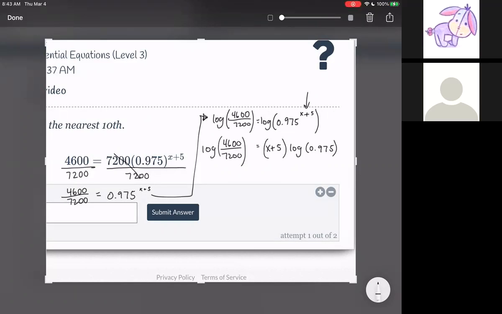So now that we did that, let's get our exponent by itself by dividing by log of 0.975. Those cancel out. We get x plus 5, no longer a need for the parentheses because it's not being multiplied by anything anymore. And then the left side is just that giant fraction.